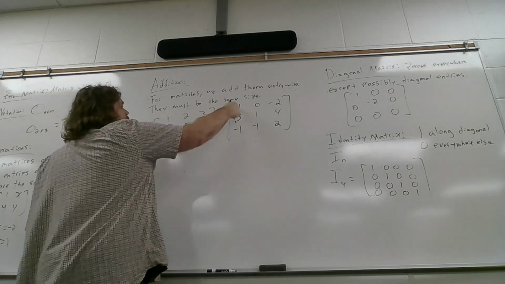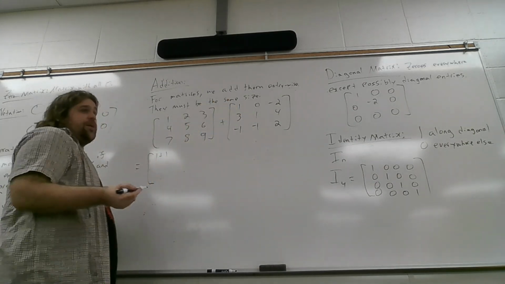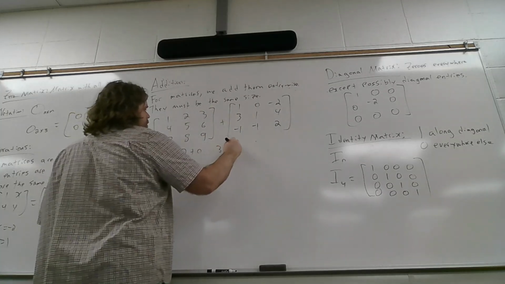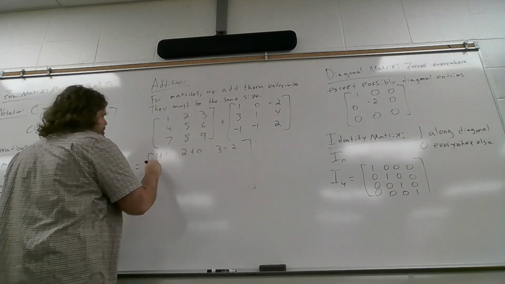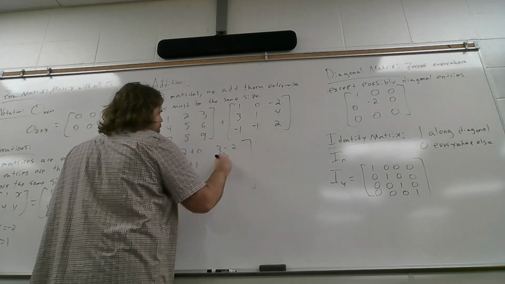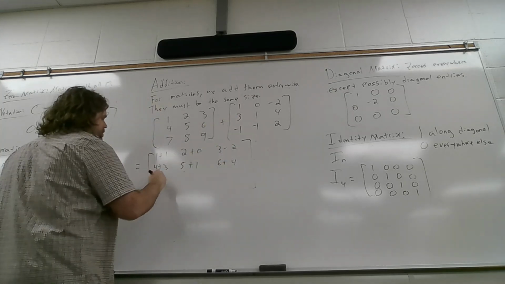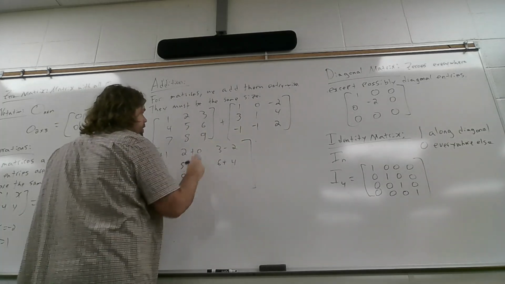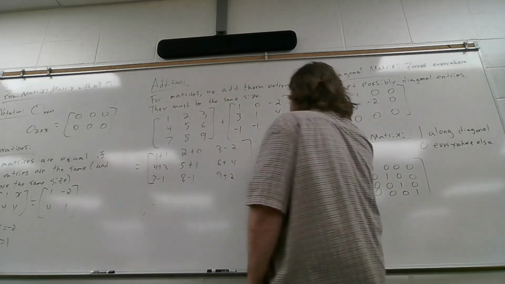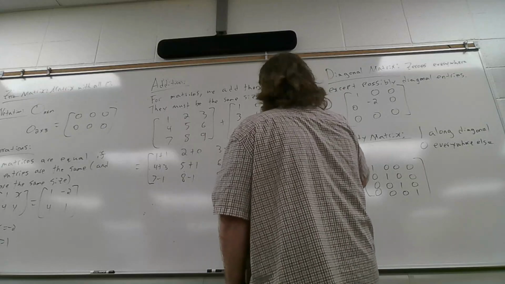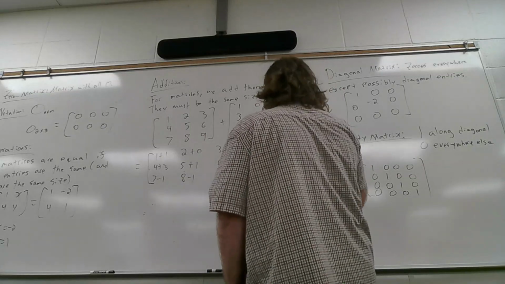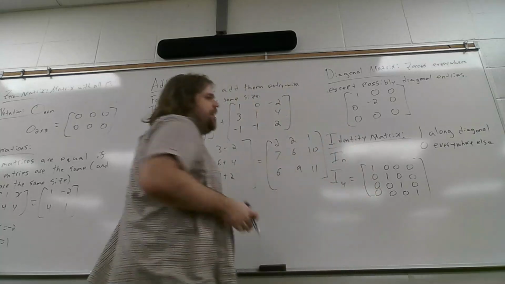Or entry-wise. 1 plus 1 is going to be that top left entry. 2 plus 0. 3 minus 2. 4 plus 3. 5 plus 1, and so on, right? We just keep going. 6 plus 4. 7 minus 1. 8 minus 1. 9 plus 2. And now we just actually do it. So that's 2, 2, 1, 7, 6, 10, 6, 9, and 11. Just add them up.